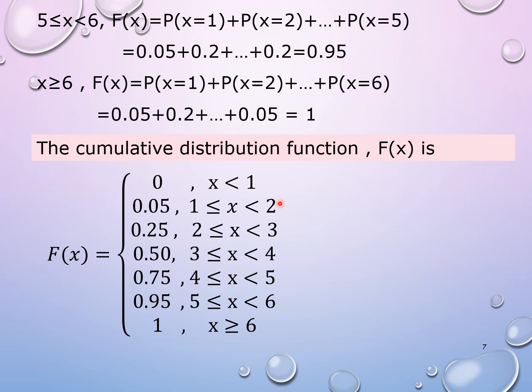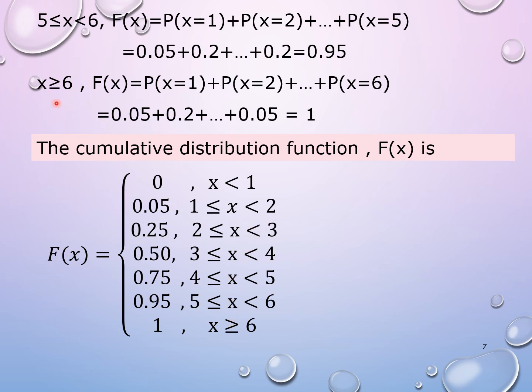So now you have the cumulative distribution function F(x) given by this. This is the one we have obtained from all the calculations we did before. F(x) equal to 0 when x less than 1, and then F(x) equal to 0.05 when x greater than or equal to 1, less than 2, and so on.